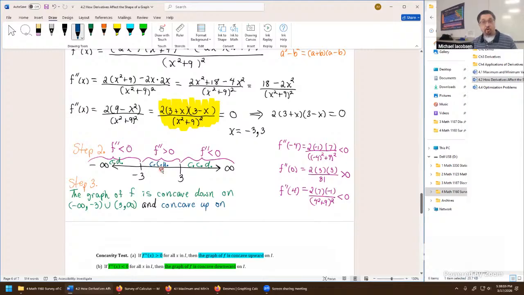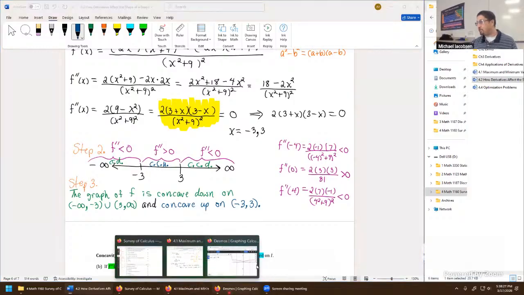And just like on example 1 with increasing, decreasing, notice we're excluding the bounding values, -3, +3. We have to use open parentheses on both. Likewise here, it's concave up, not on a closed set, it's concave up on the open set from -3 to +3.